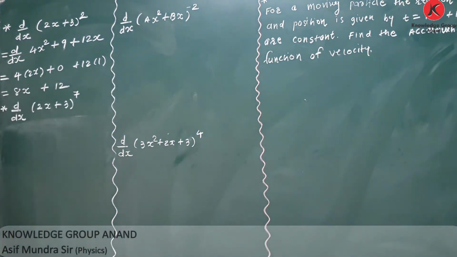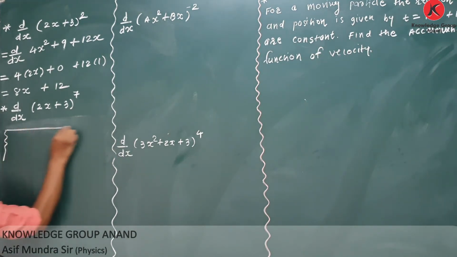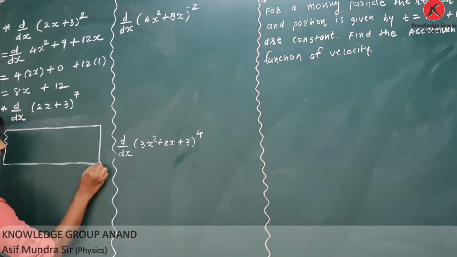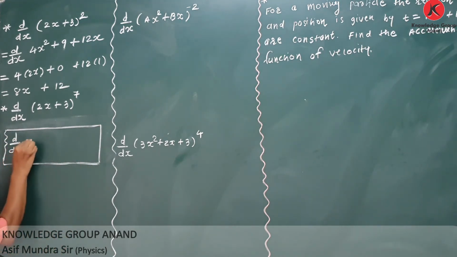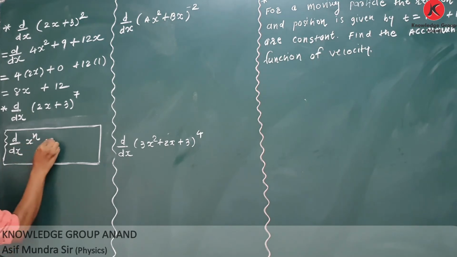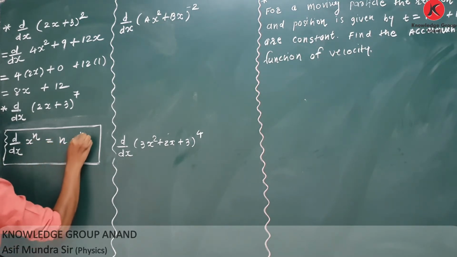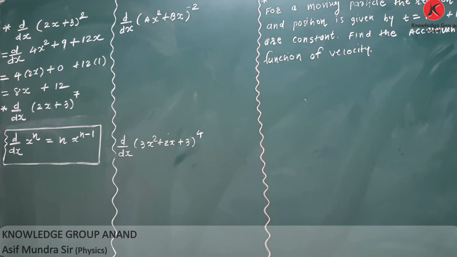See, here it is. You know the general formula: d upon dx of x raised to n is equal to n x raised to n minus 1. Yes or no? Differentiation is with respect to x.